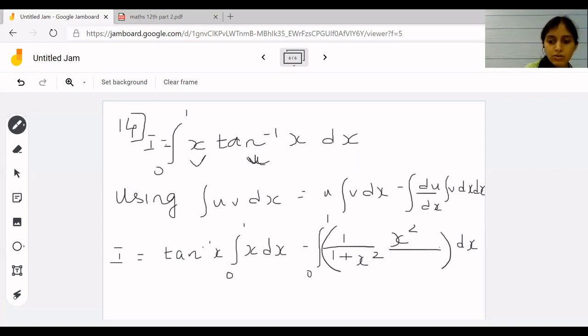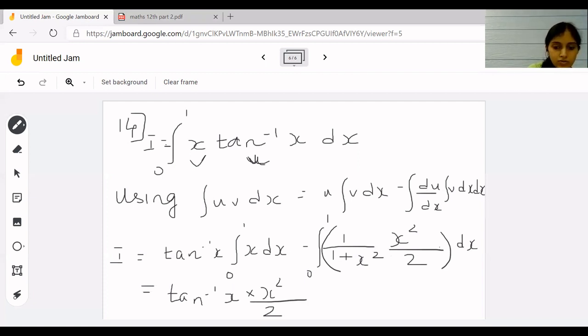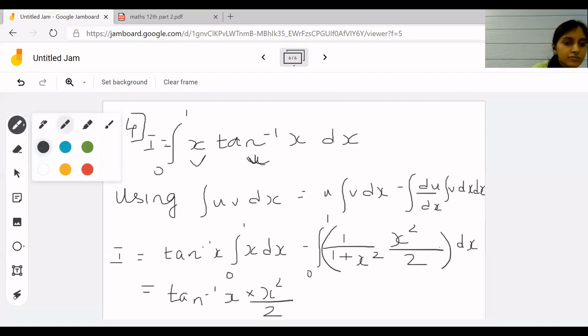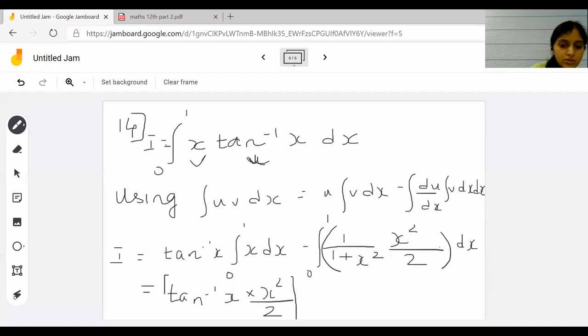Here also the integration will be tan inverse x into x square upon 2. Do not forget to put the limits here. The limit will be 0 to 1 minus, now x square upon 2 into 1 plus x square.